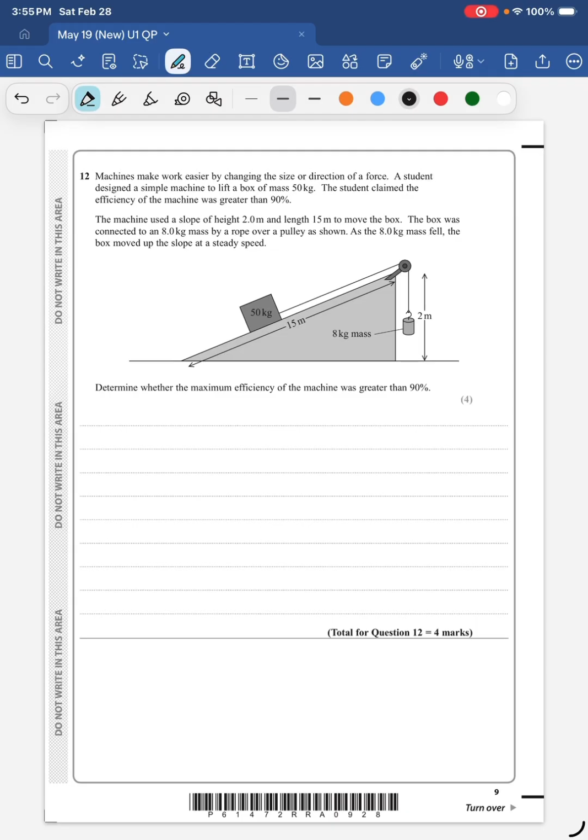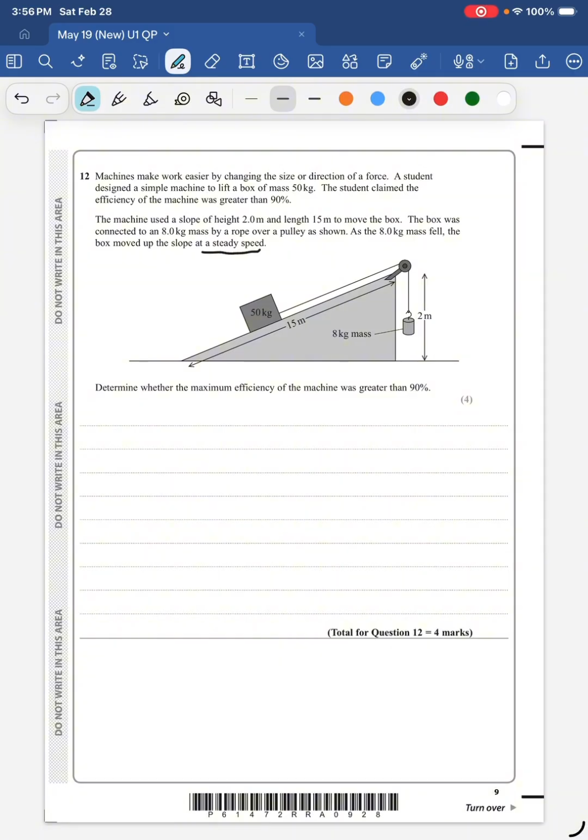The box was connected to an 8 kilograms mass by a rope over a pulley as shown. As the 8 kilograms mass fell, the box moved up the slope at a steady speed. Okay. Is this useful, the steady speed? We'll see. So, determine whether the maximum efficiency of the machine was greater than 90%.